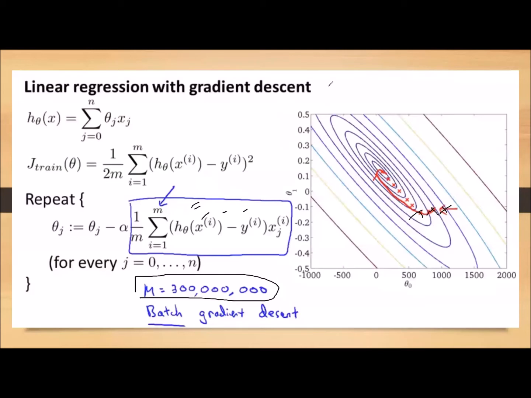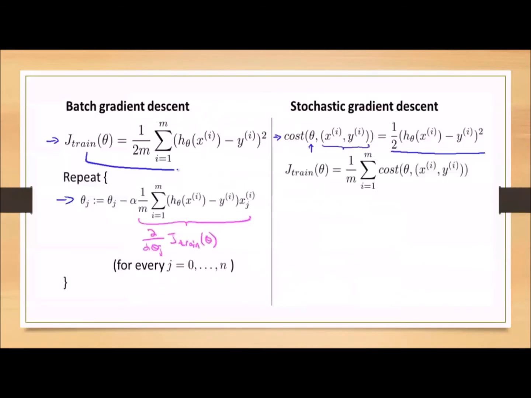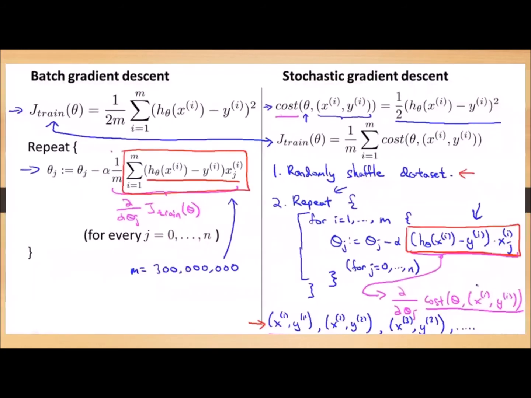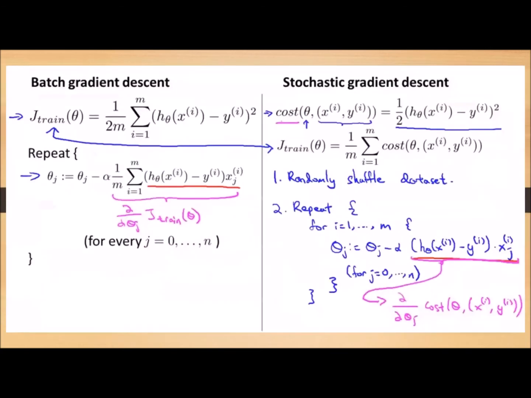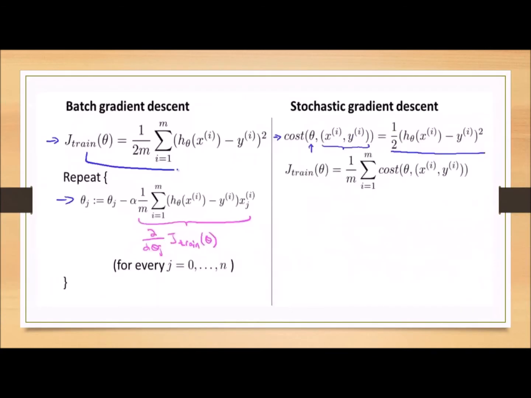We have to look for an alternative, which is stochastic gradient descent. What is this stochastic gradient descent? Instead of taking 30 crore training samples for every step, it considers only one training sample.